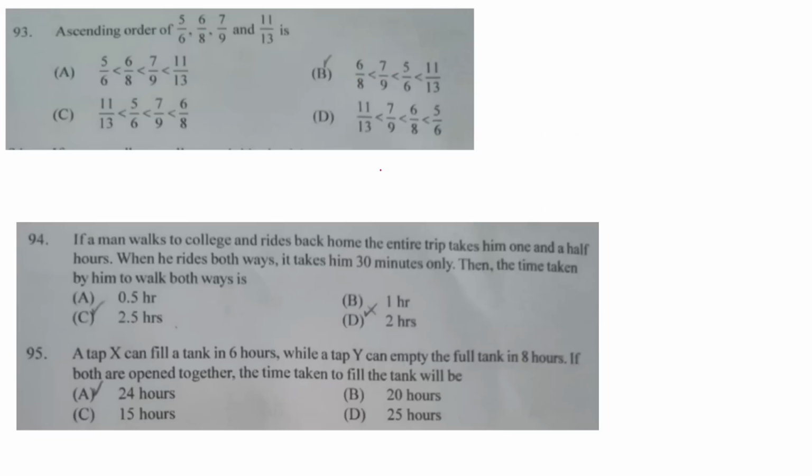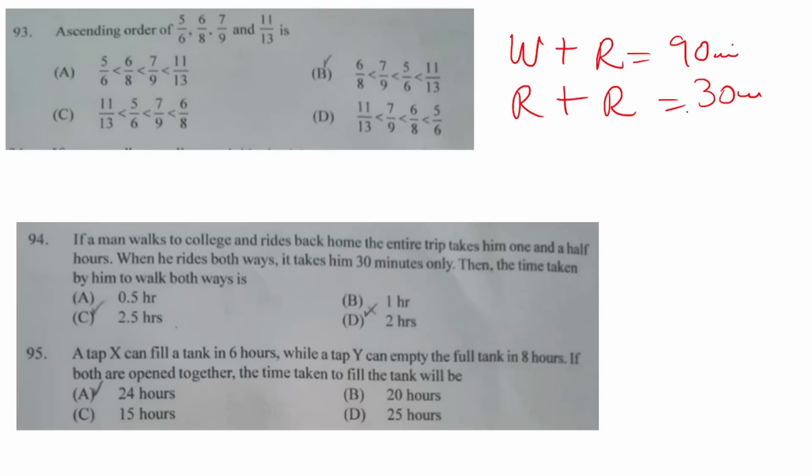If a man walks to college and rides back home, the entire trip takes him 1.5 hours, that is 90 minutes. If he rides both ways, by bike, it takes only 30 minutes.